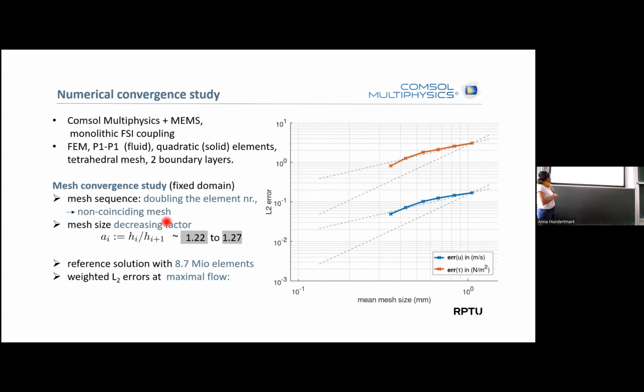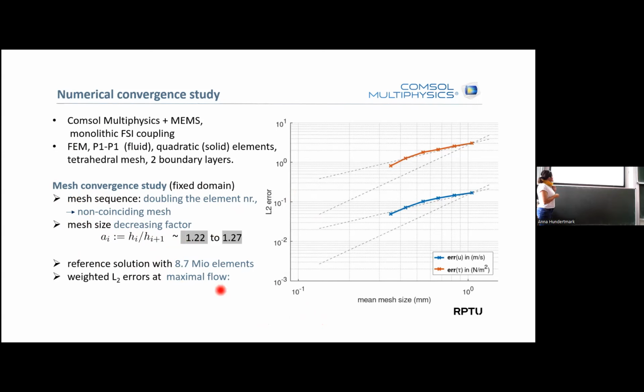So we obtain a non-coinciding mesh with different nodes for different meshes. And then we need to define some mesh decreasing factor, which is the relation between mesh sizes on each subsequent mesh. This factor lies at 1.2, 1.3, okay?